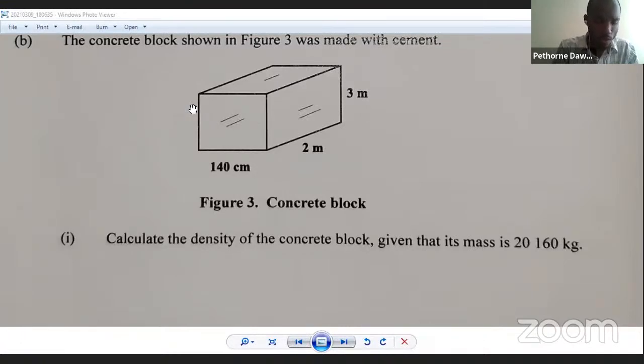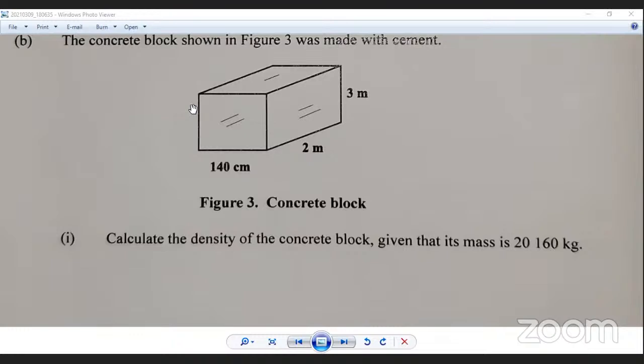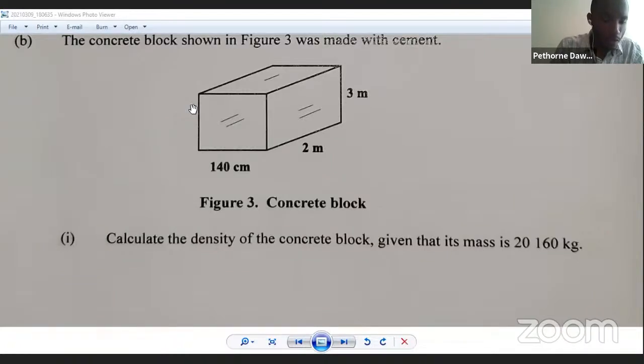So it is 201,600 divided by 2.8, and that gives a value of 71,842.9 if rounded off to keep one decimal place.